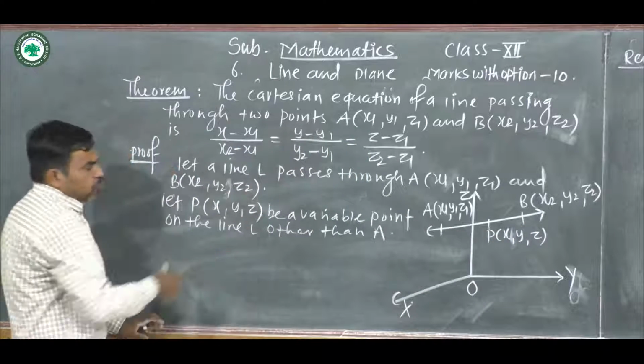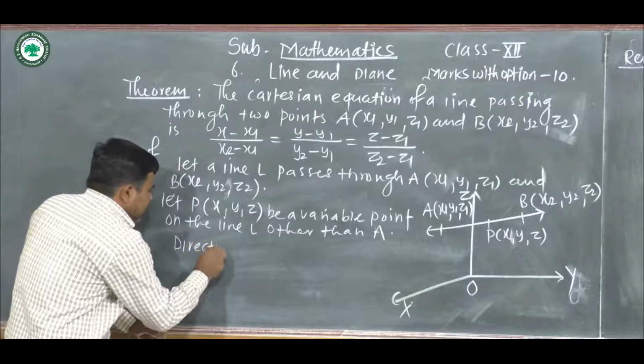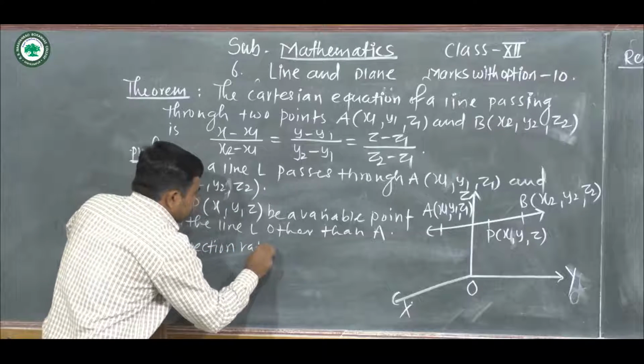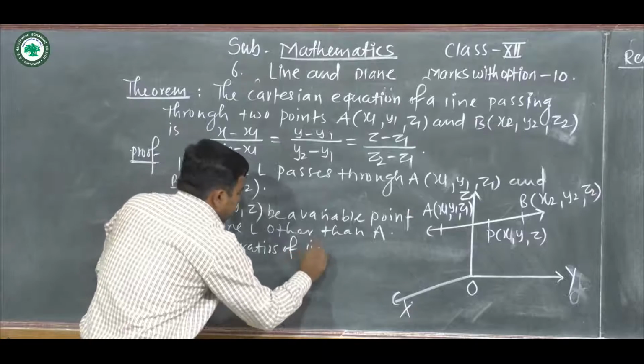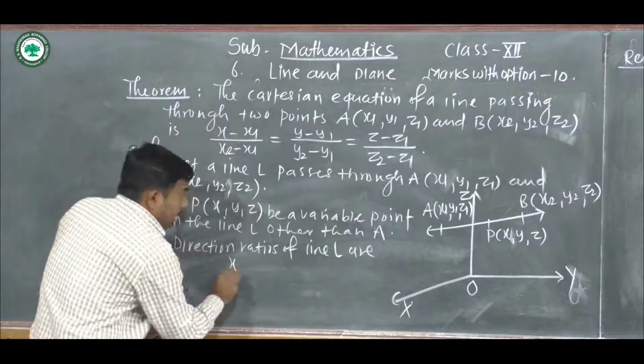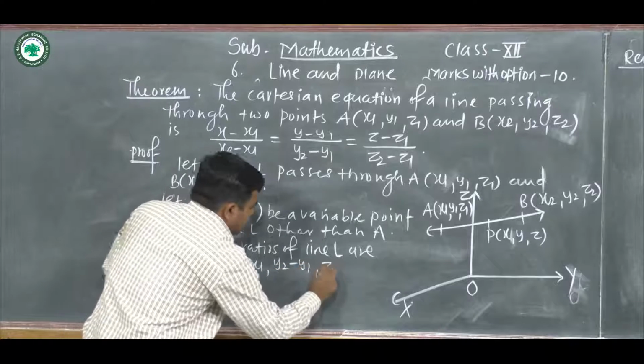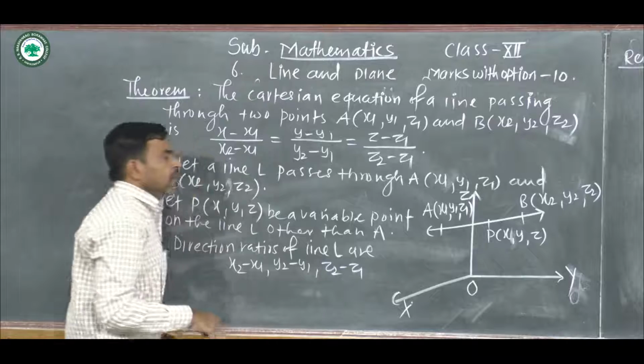Now first consider only these two points A and B. With the help of these two points, the direction ratios of line L are x2 minus x1, y2 minus y1, z2 minus z1.